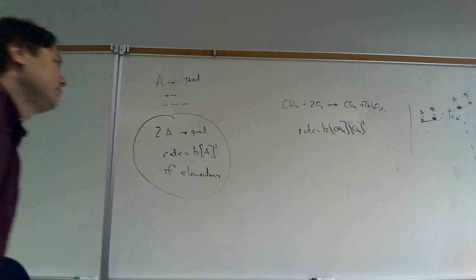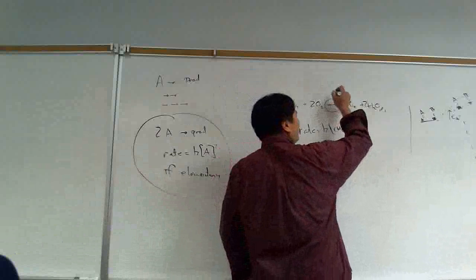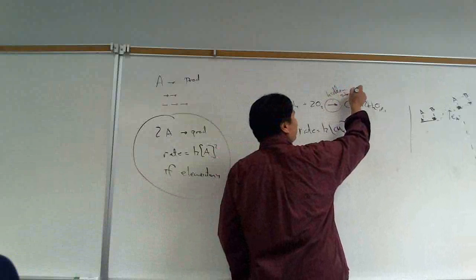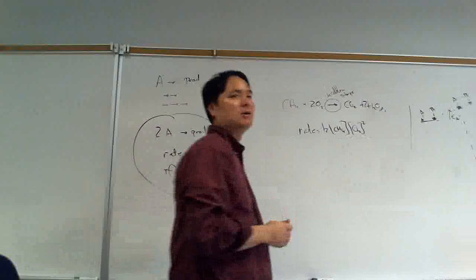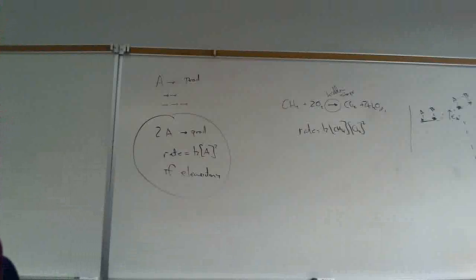The problem is there are hidden steps in here. If there are hidden steps, each of those individual steps are what we call, well, the whole thing's a mechanism. Each of those little steps is called an elementary step, right?